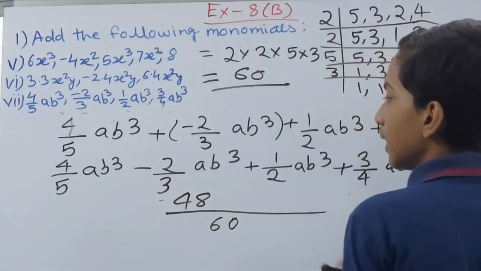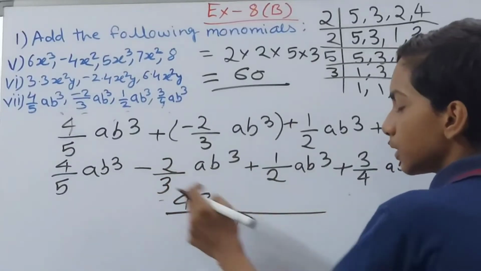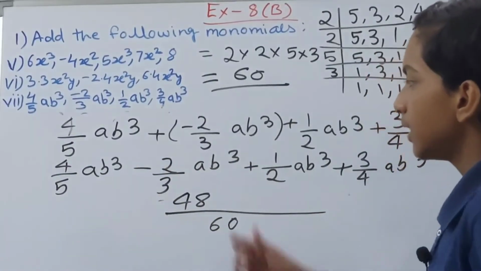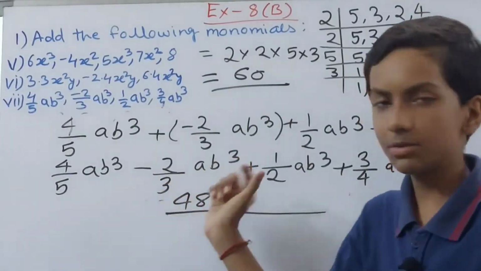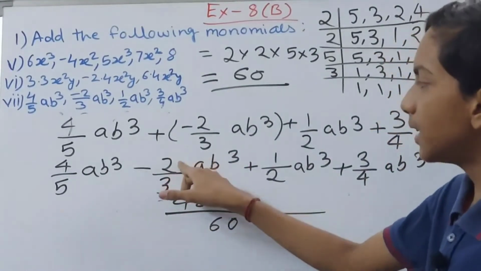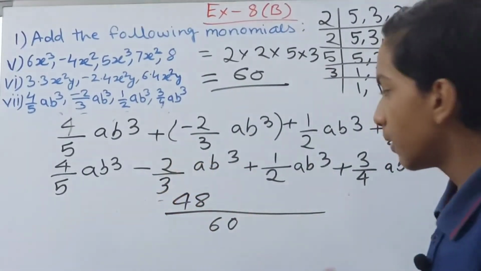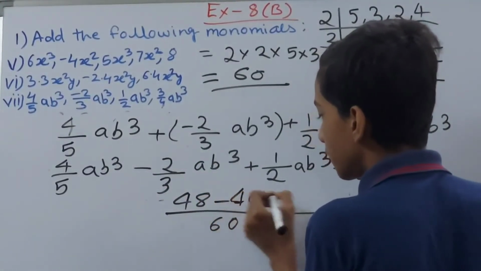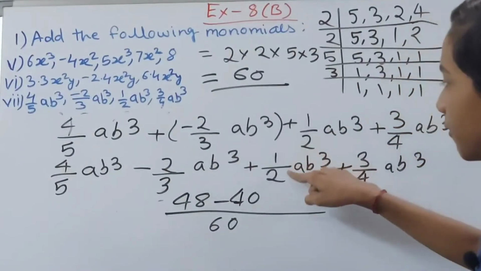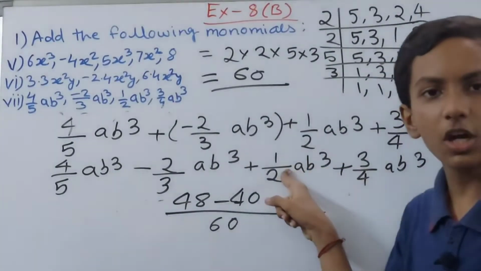And then this minus 2, sorry, this 3 will be here. 60 goes 20 times by 3 basically. And minus 2 into 20 will be minus 40. Then we have this 2. So how many times does 60 go by 2?